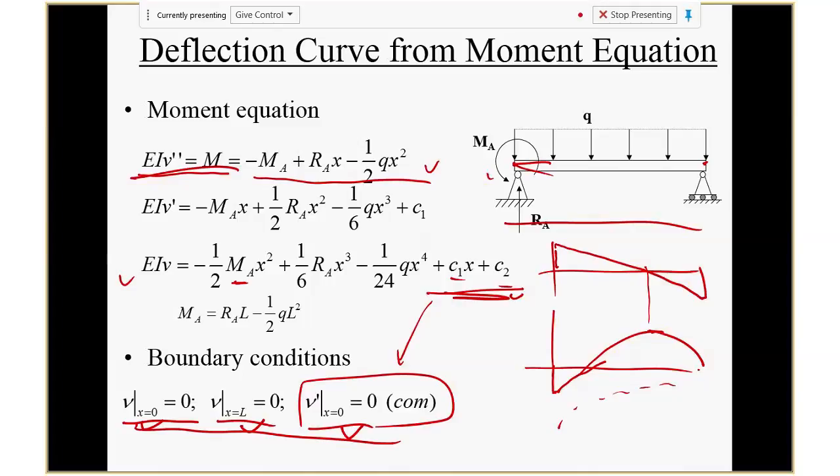Any question about this process we just went through? No? Yes?